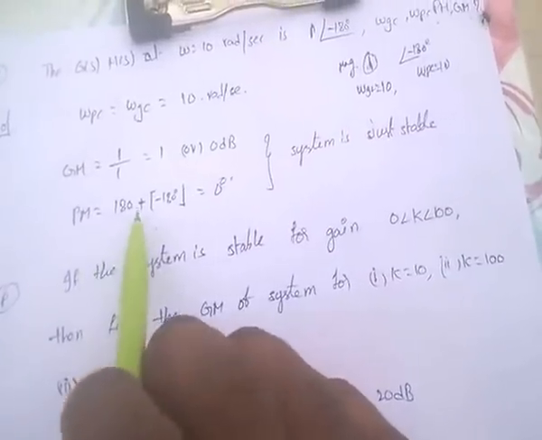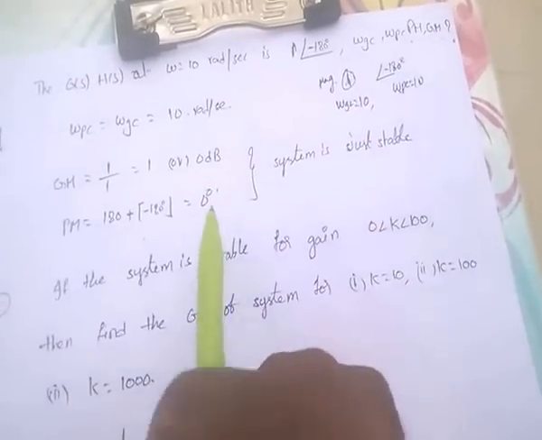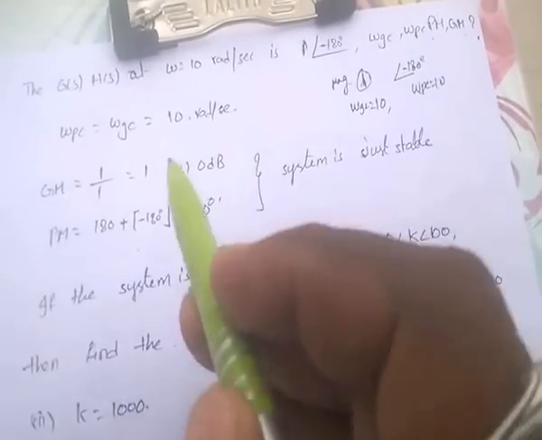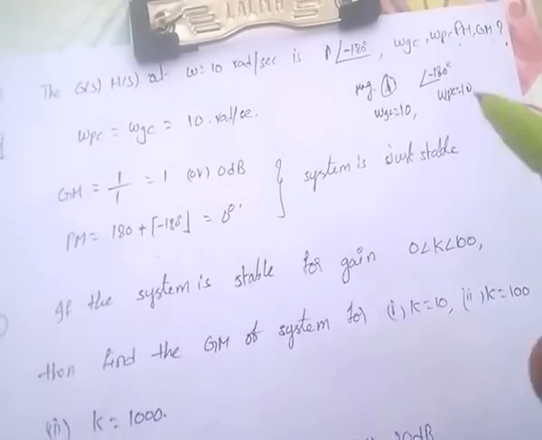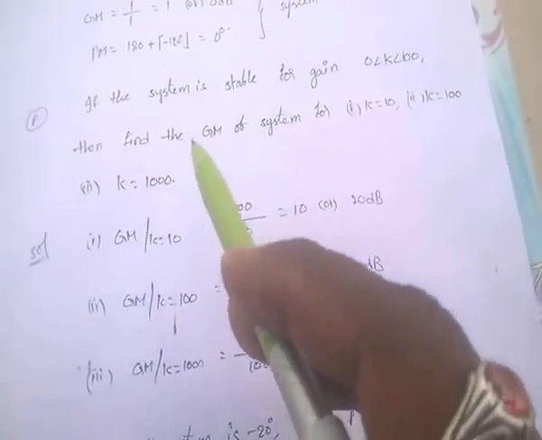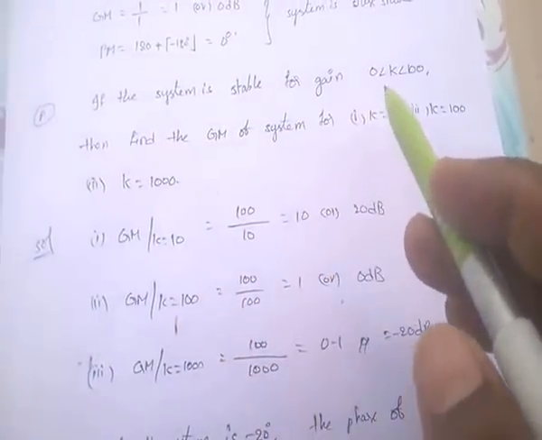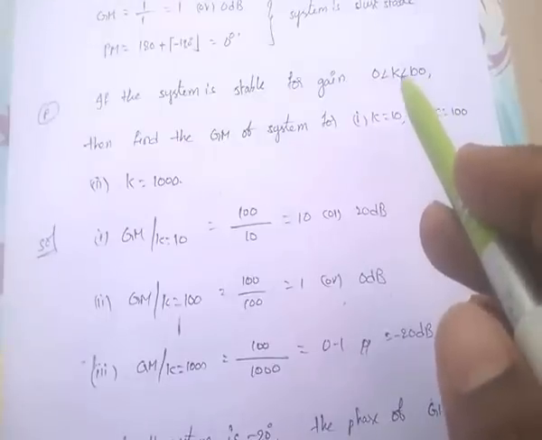And phase margin equals 180 degrees plus this angle minus 180, that equals 0. That means here gain margin and phase margin both are 0, meaning the system is just stable.